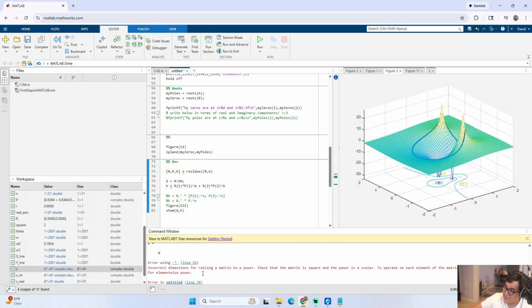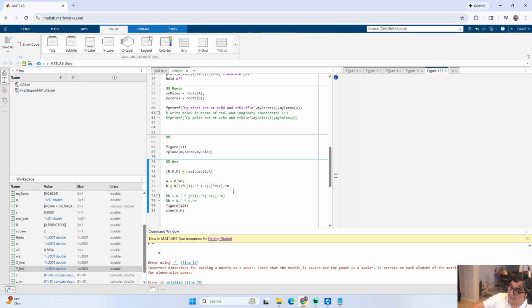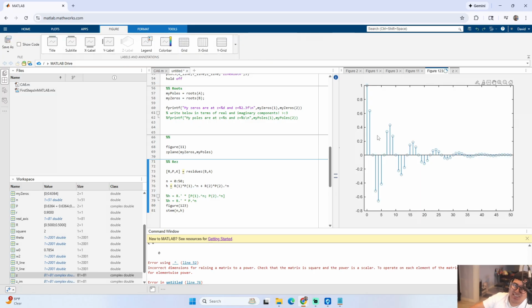Don't forget the dots. There we go. And that's our step response.